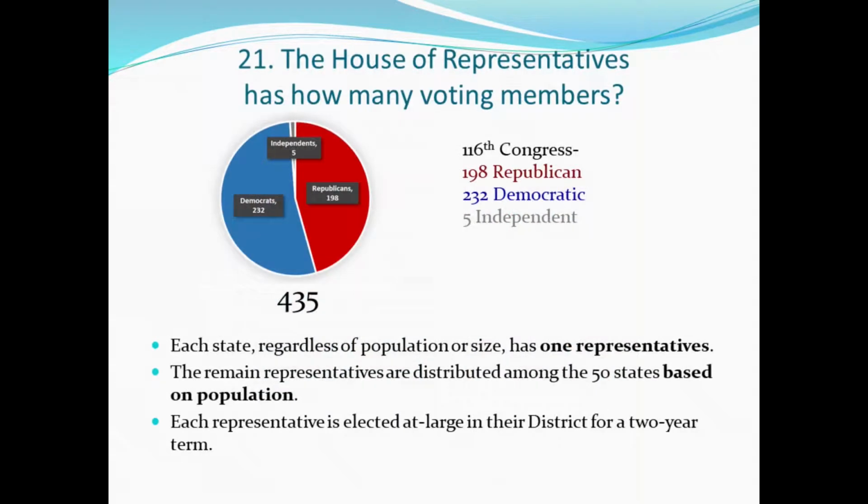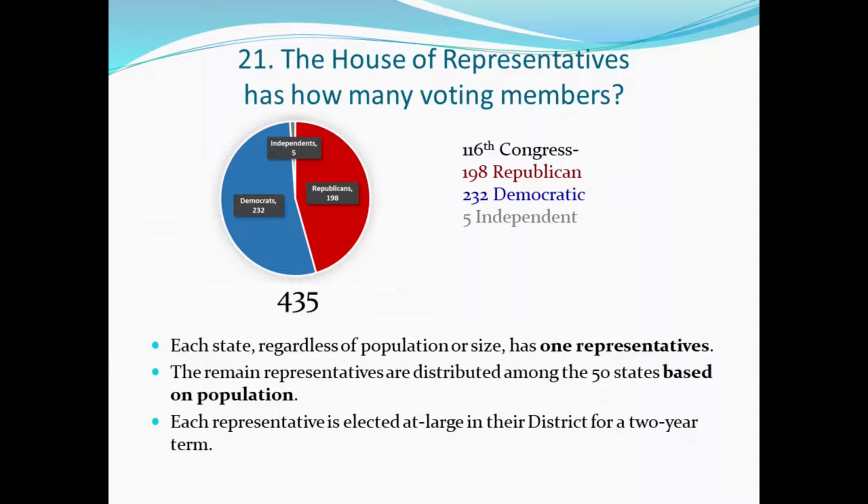Number 21. The House of Representatives has how many voting members? 435. Now, why is it 435? Well, that's just the number that they stopped adding new U.S. representatives.